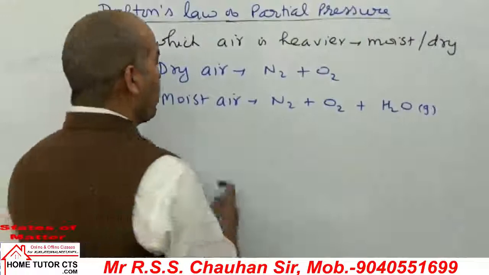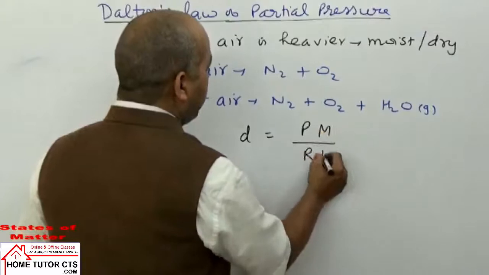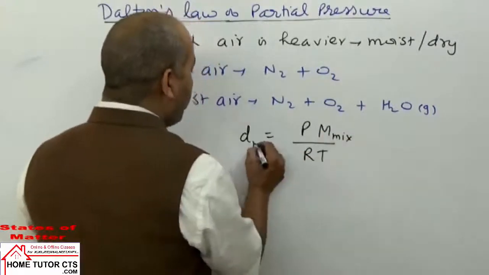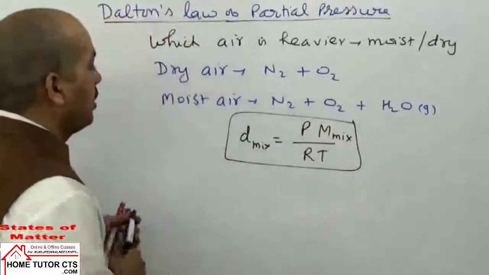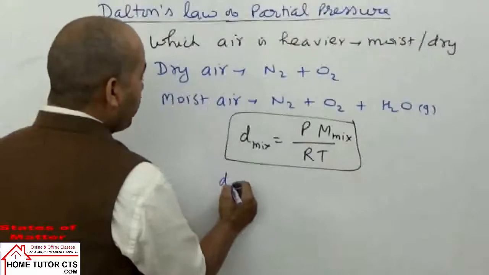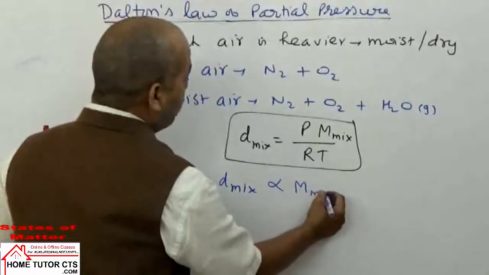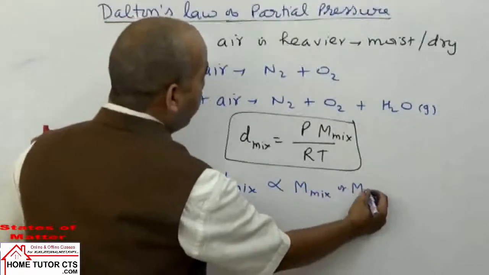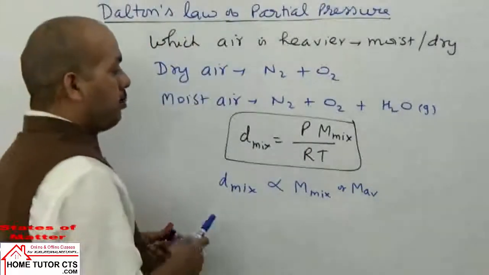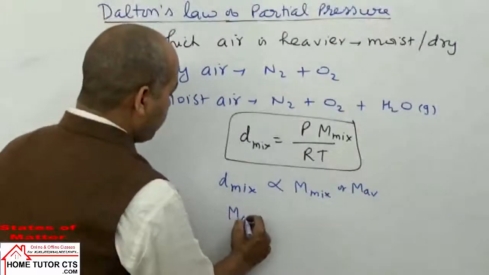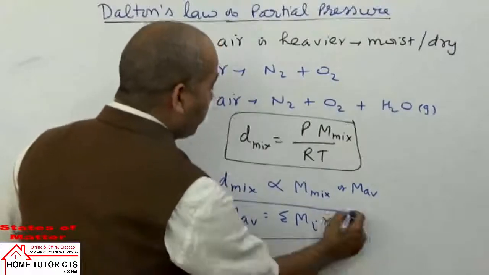And for the gas mixture, what is density? It is PM by RT, where M is M mixture. So for the gas mixture, the density is directly proportional only to the average molar mass of the gas mixture, M average. Now M average we can calculate by the summation of molar weight into mole fractions of all the components.